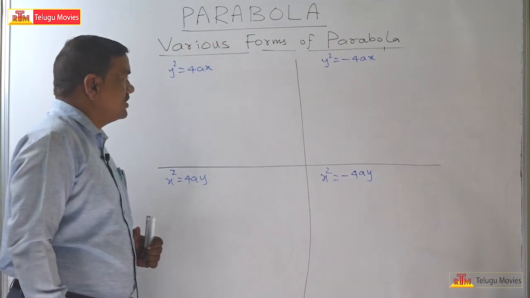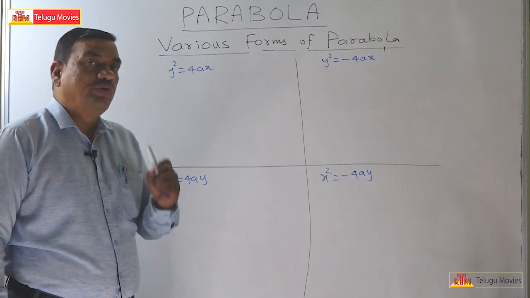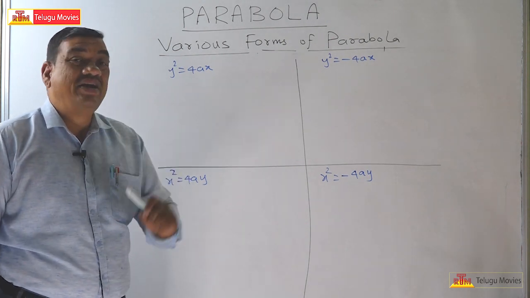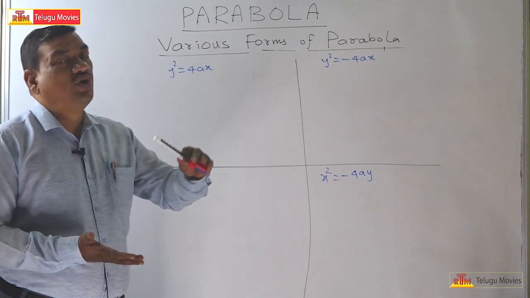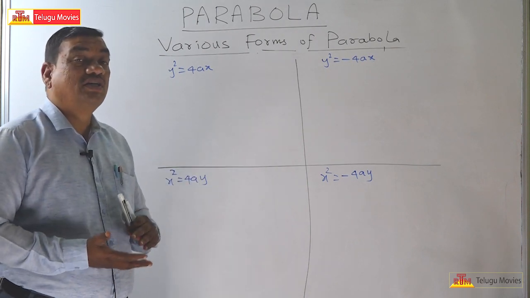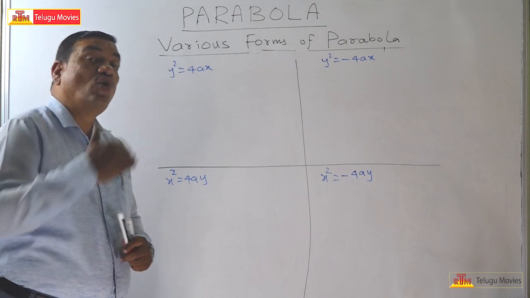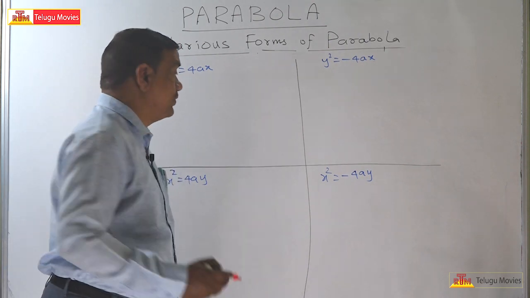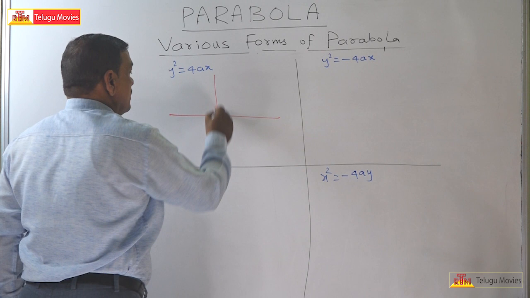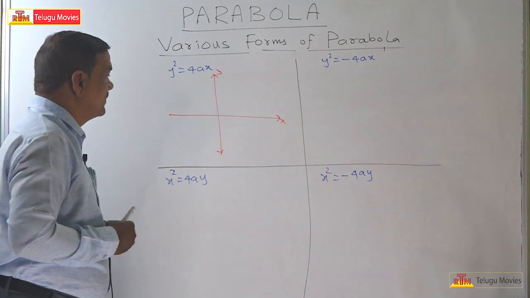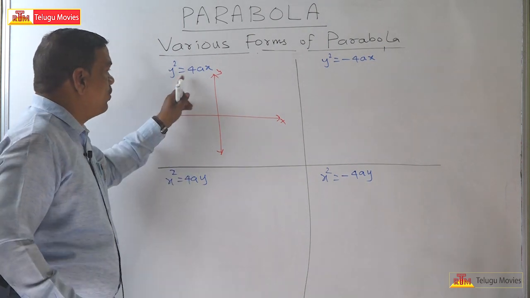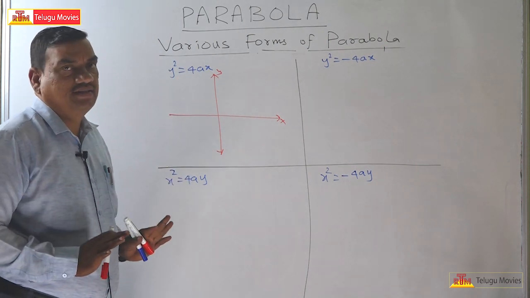Welcome to this concept. So here I am going to show you the blind way of remembering. The parabola shape we know, but it is a trace. In which quadrant it lies, all those things I am now going to show you. So this is the x-axis and y-axis. See here, y² = 4ax.